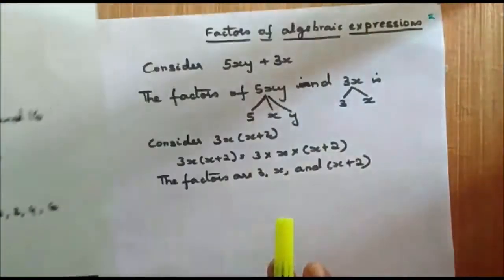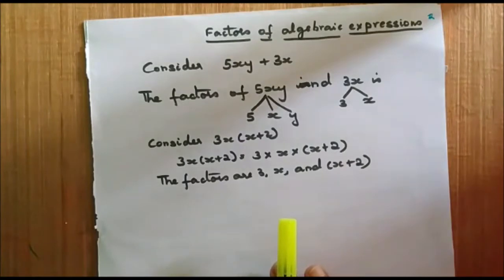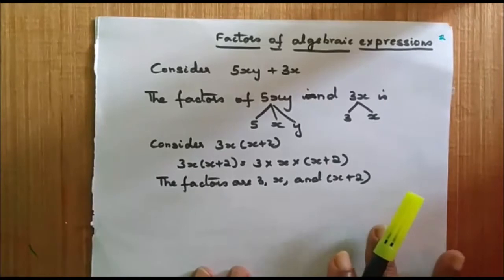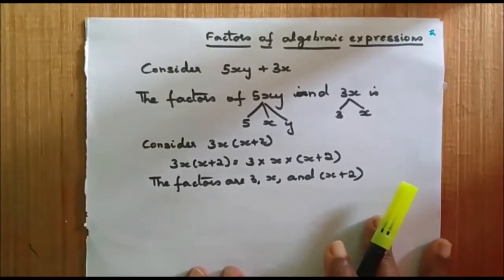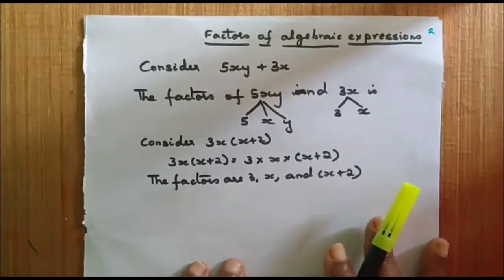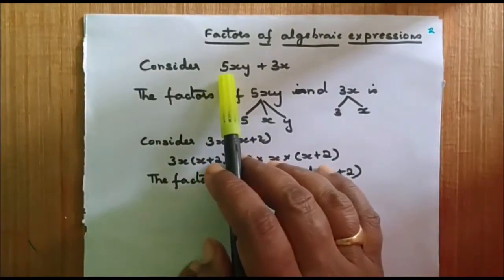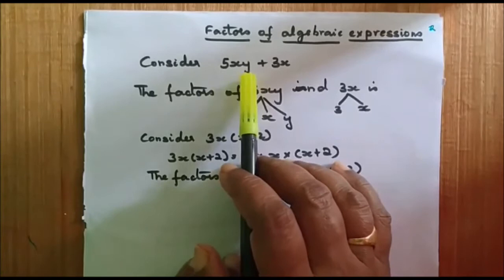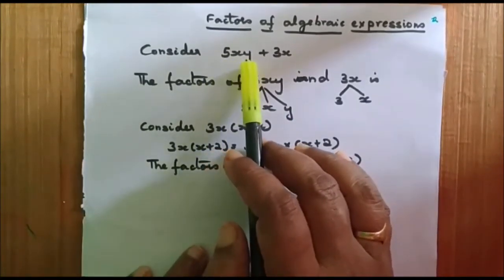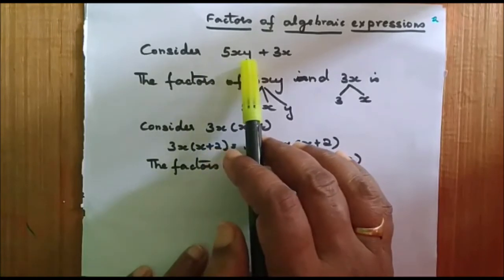So, now let us take the same thing in the case of algebraic expressions. We have learnt about algebraic expressions in our previous chapters as well as in the lower classes. Okay. Now consider this expression 5xy plus 3x. What are the factors of 5xy?